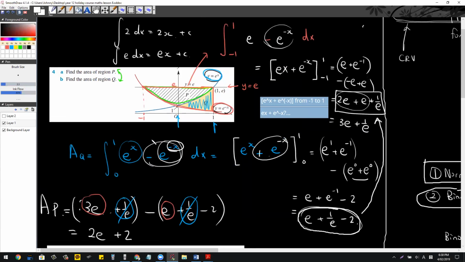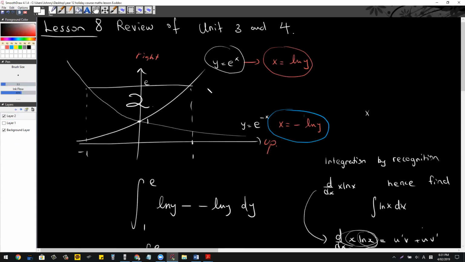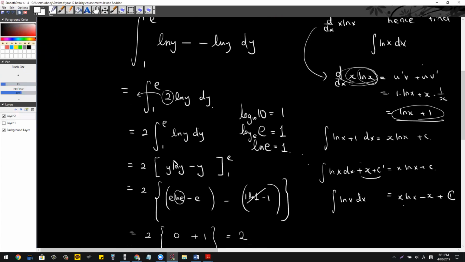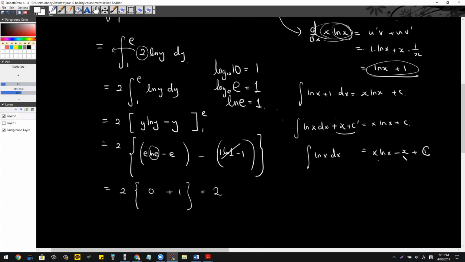So we figured out the answer for this area in two different ways. One method was figuring out the area of Q and then subtracting that from this area, and we got this one. In the other method, we integrated from 1 to e and subtracted this from this, right? So that's ln y, which gives us y ln y minus y, exactly like this one here.